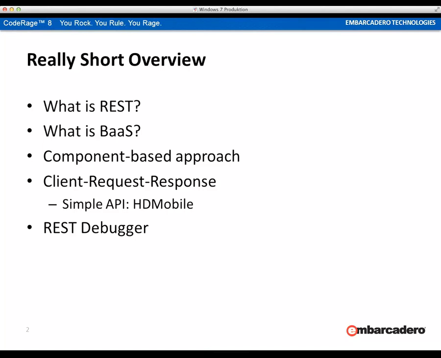So this makes SOAP more like a monolithic system where everything goes to one single URL, whereas REST services are very flexible because you can have, for example, customers that have their own URL and orders that have their own different URL.